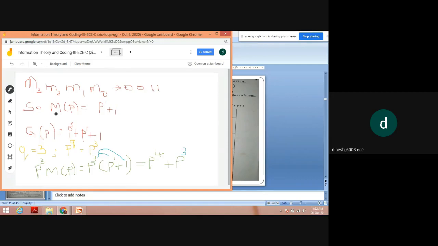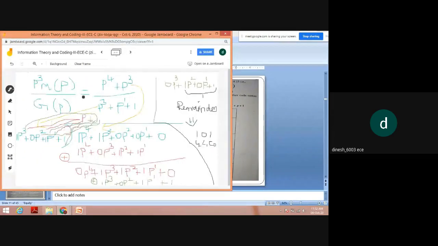So I had done finding m of p, which is p power 1 plus 1. From the question, g of p is p cube plus p power 1 plus 1. Q is 3 for this problem, so p power q is p power 3. Multiplied with the message polynomial m of p, I got p power 4 plus p power 3.